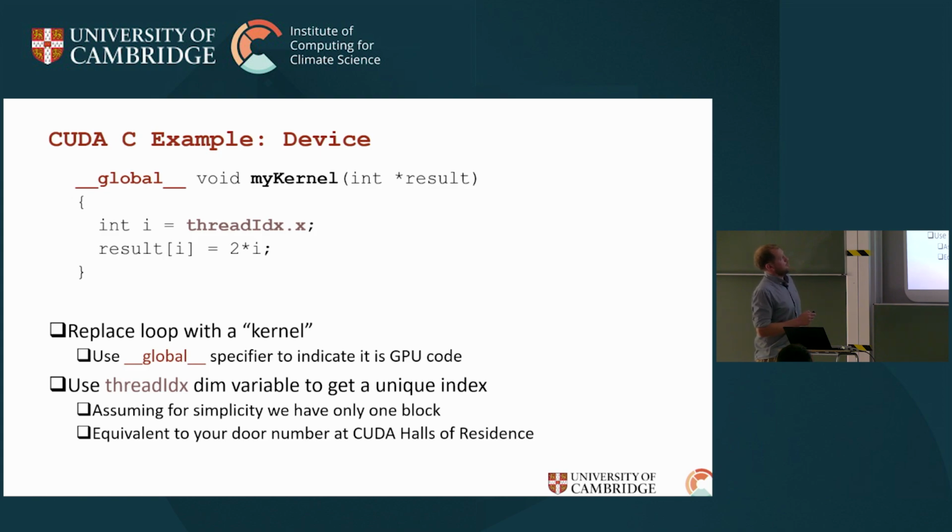The decorator we had there is a global specifier to indicate that. So this global goes in front of any function that we want to compile as GPU code. It differentiates it from the CPU code, and it means that it will be built using the GPU instruction set rather than anything that would run on the CPU. So we'll go through that process in a moment.